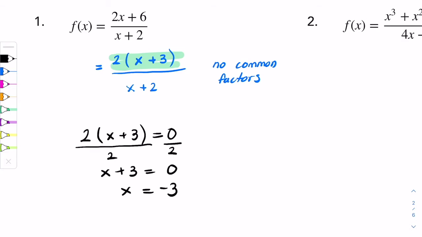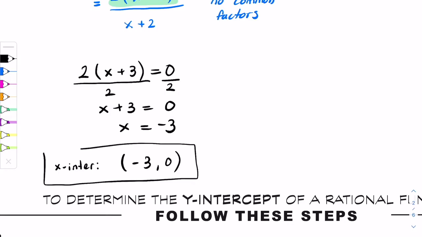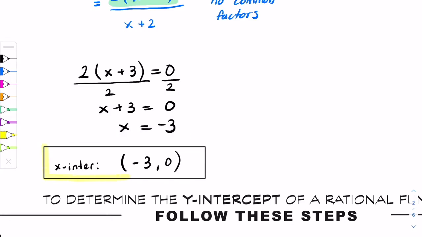So we get x equals -3. As an x-intercept, we would write this as (-3, 0). You can have multiple x-intercepts.